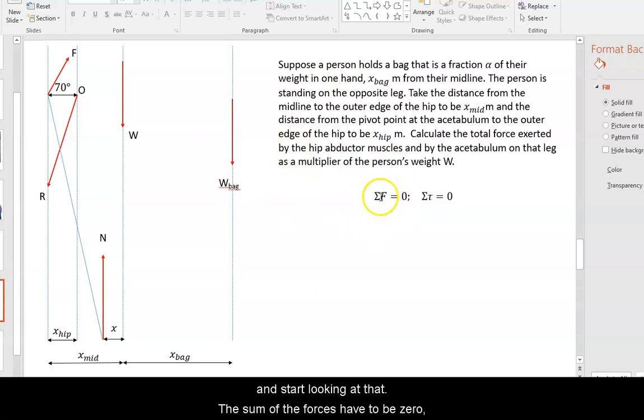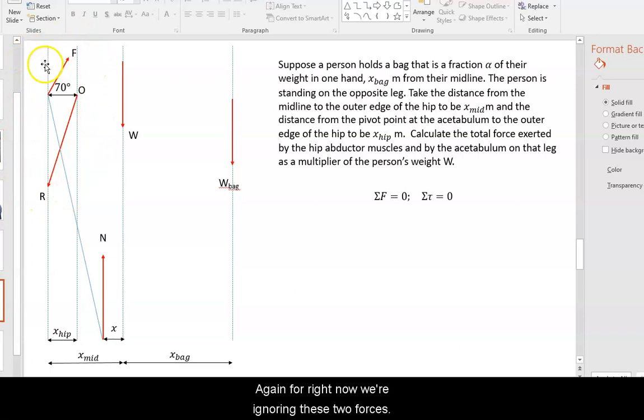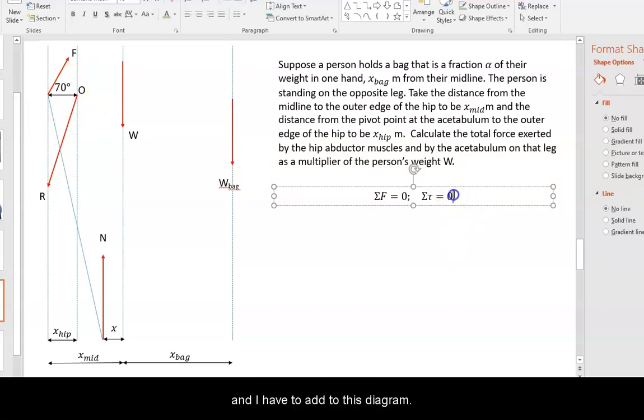So let's move on to the next bit and start looking at that. The sum of the forces has to be zero, and the sum of the torques has to be zero. Again, for right now, we're ignoring these two forces. They're internal forces, and they're there simply because I have to use them in a little bit, and I have to add to this diagram. So if we look at this, the sum of the forces has to be zero.